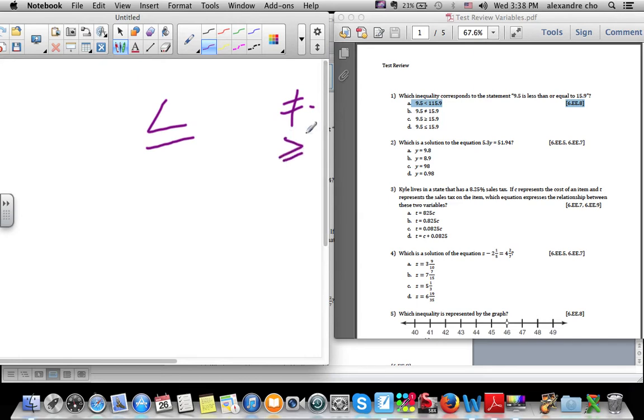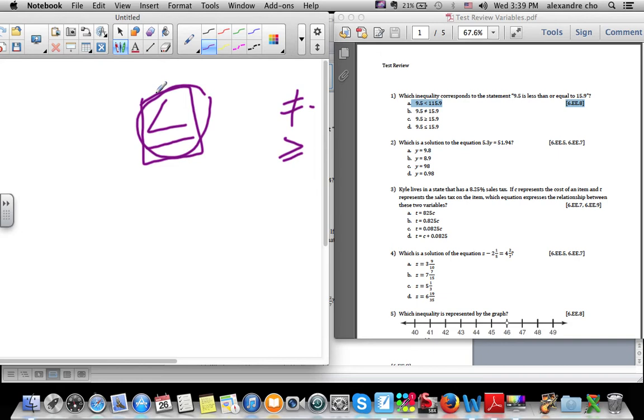So without doing anything, I am choosing letter D for number one because it's the only one that has a less than or equal sign. By eliminating the other choices, by understanding that I am looking for a multiple choice answer that has to have this sign, I chose D.